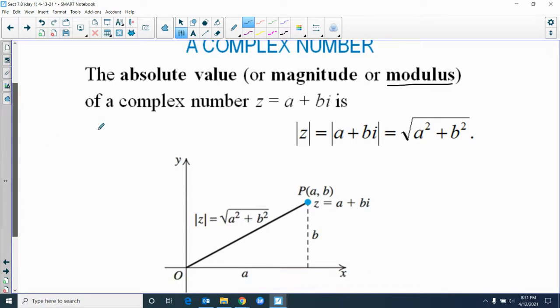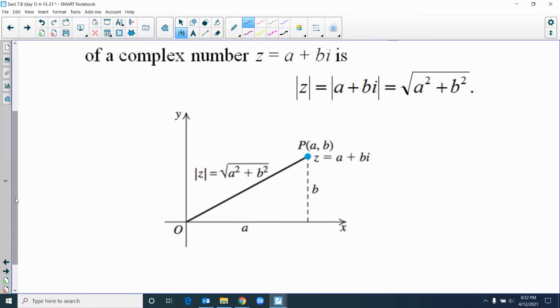A lot of times complex numbers will be given just z as a term to represent it. So z equals a plus bi. The absolute value, or modulus, where we use absolute value bars, is simply the square root of a squared plus b squared. It's going to be the length. It's no different than the magnitude that we did before. You create a right triangle, a squared plus b squared.